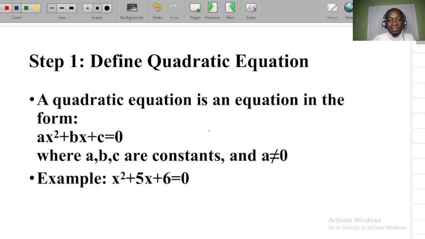So we can also have it as ay squared plus by plus c equal to 0.